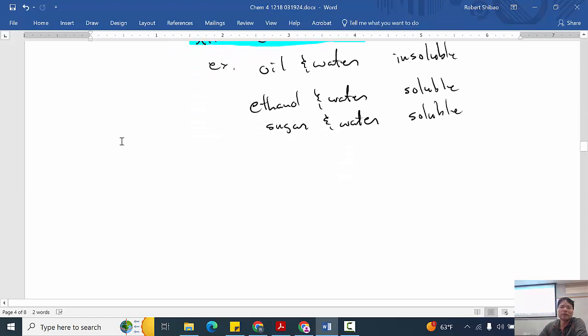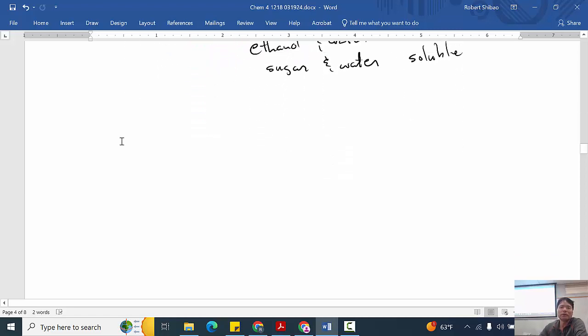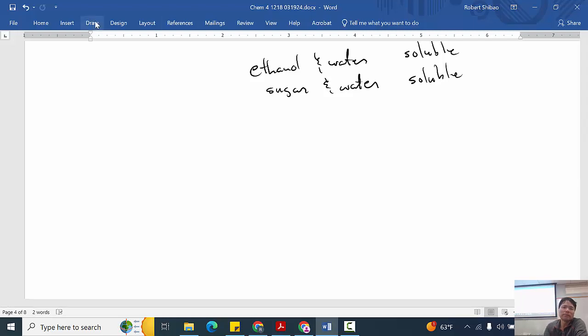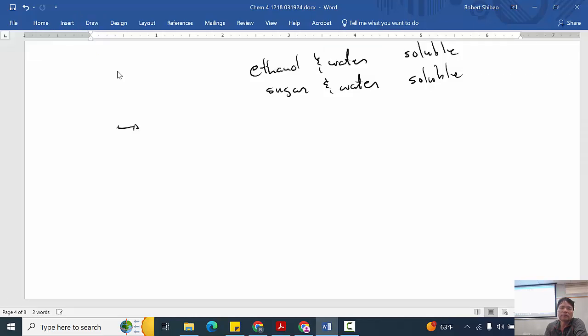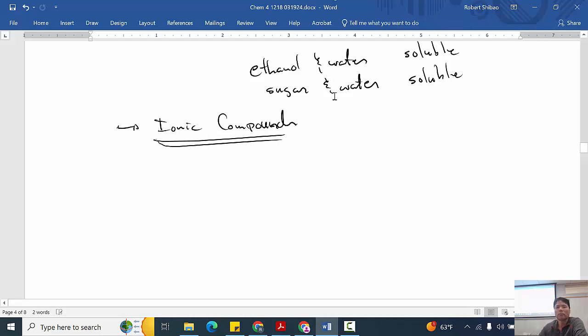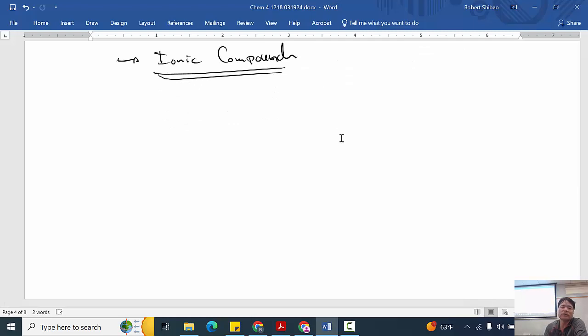For ionic compounds, the solubility rules are a bit more involved. For ionic compounds, first we look at the cation. Cation comes first, and it's a positively charged ion.